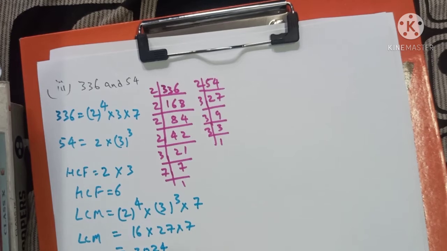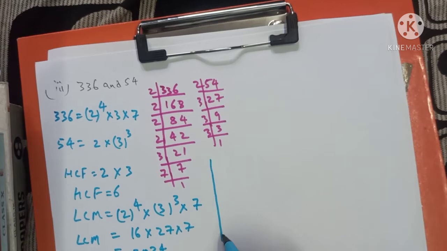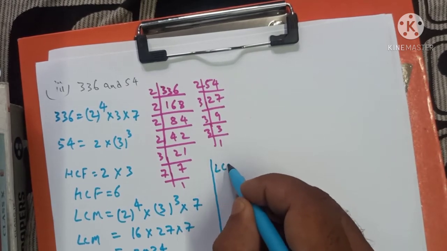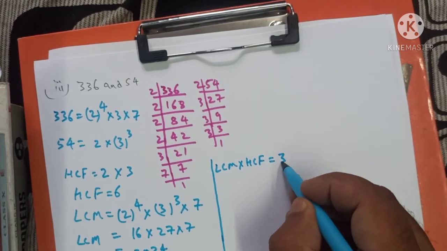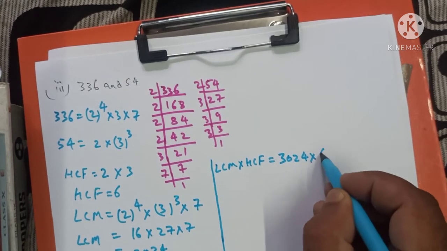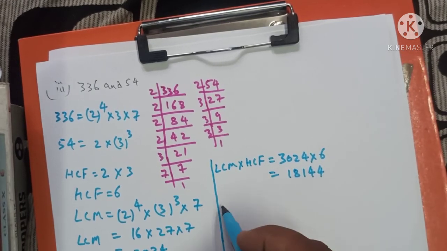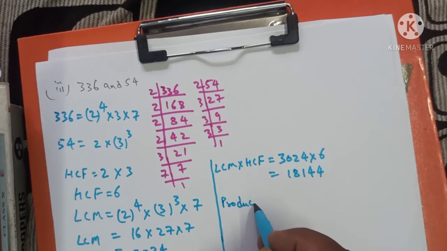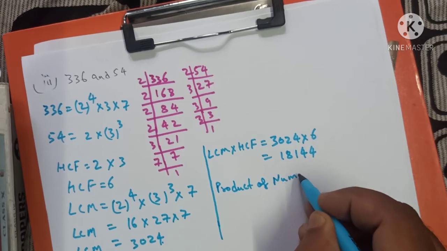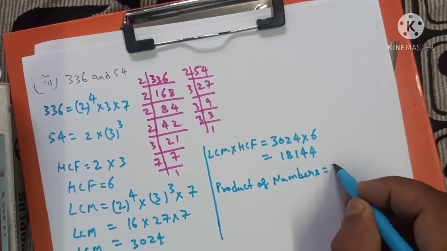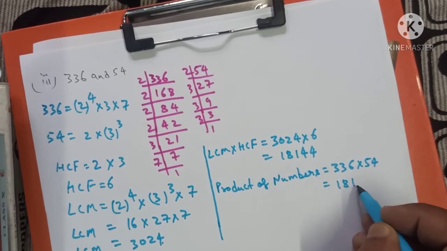Now the product of LCM and HCF. LCM is 3024 into 6, it is coming out to be 18144, and the product of numbers, 336 and 54, on multiplication we are getting the same value.